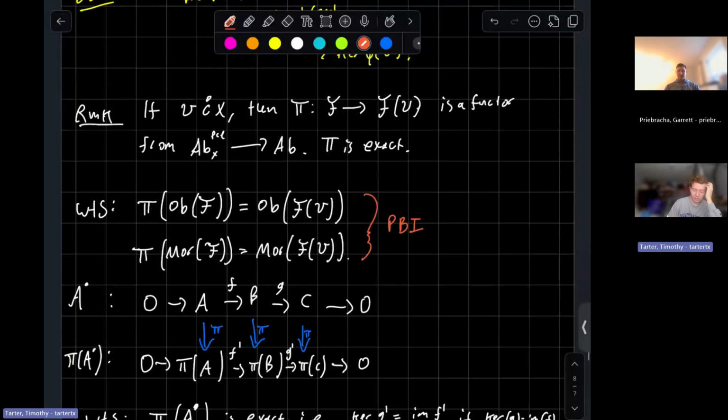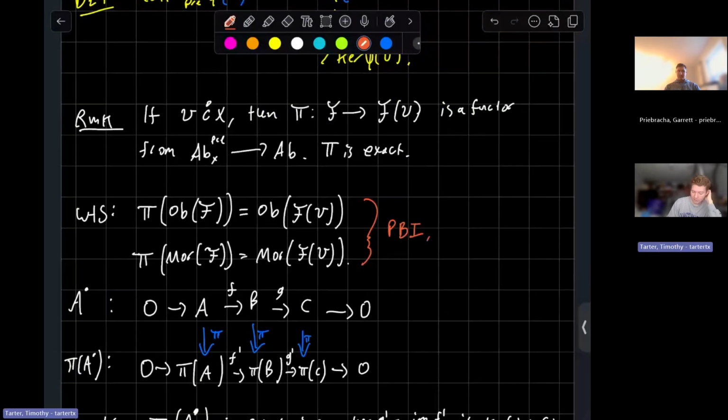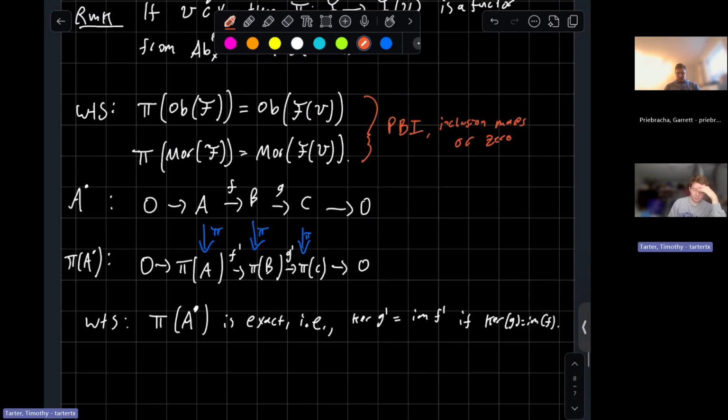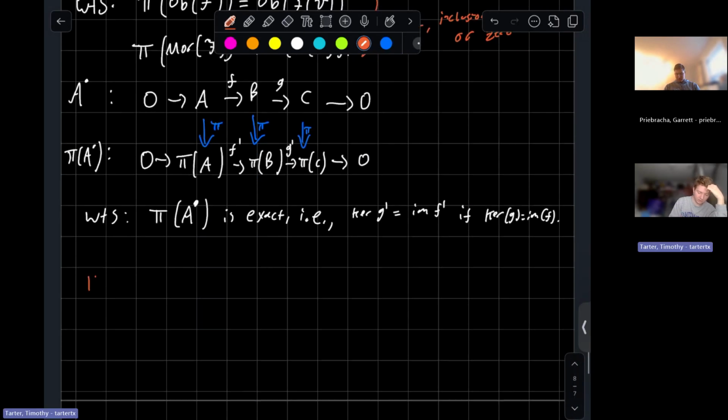Since we defined these things basically by inclusion maps or zero, π of A is equal to A if A is an element of F(U), 0 otherwise.